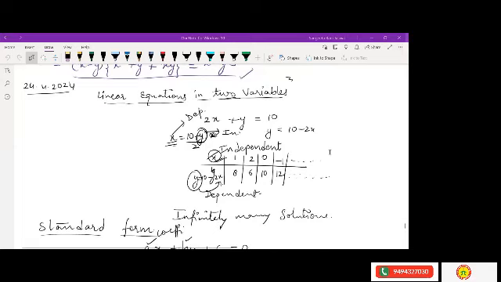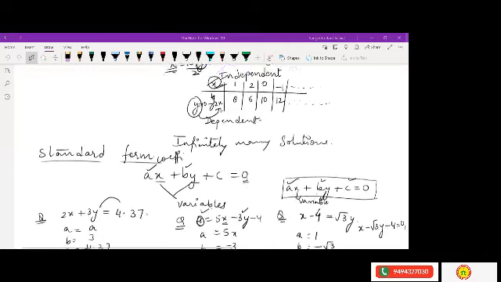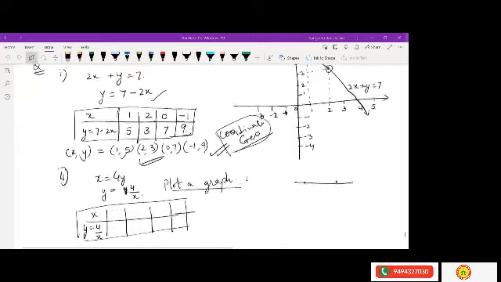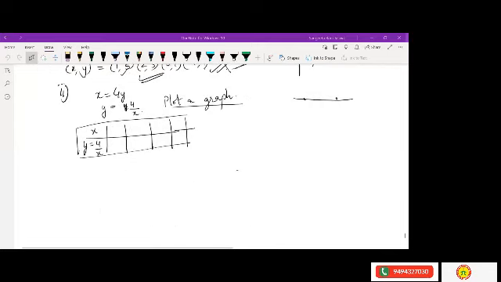As we keep putting the values of x, we keep getting the values for y. And that's how you can even plot it on a graph paper also. And then we compared it with the standard form of this equation.